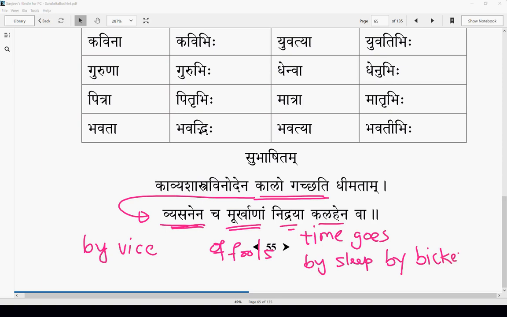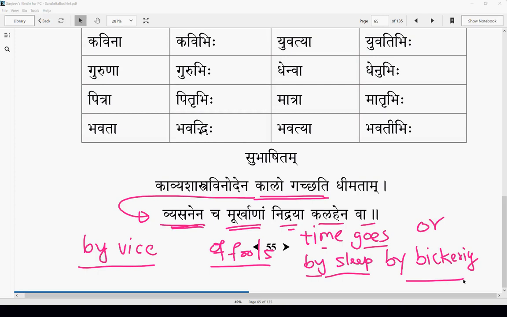Quarrel, okay. Bickering. Or. So now literally if you want to put it, you use these same literal meanings, literal translation. Time of fools goes by sleep, or by wise, or by bickering, like this.